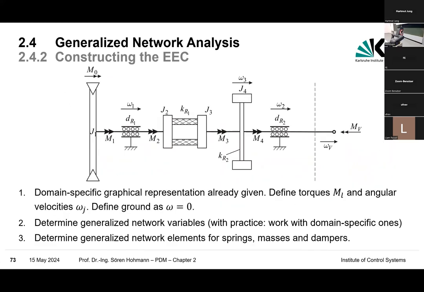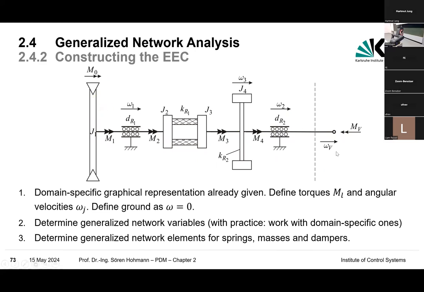So the first step towards that is to introduce the flow and effort variables, and that's what I did here, with the torque variables M1, M2, M3, M4, and also I introduced a couple of velocities like omega 1, omega 2, which is there, and omega v, which is the velocity towards the generator, and omega 3 over here, and a torque, which is the produced torque by the hot steam of the turbine.